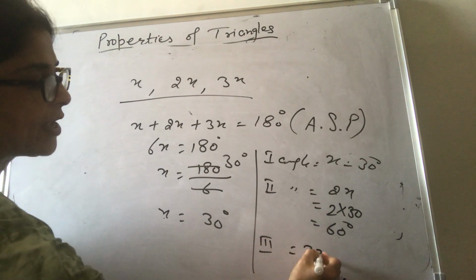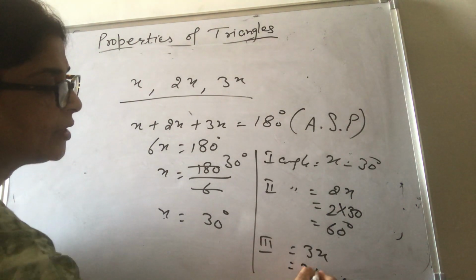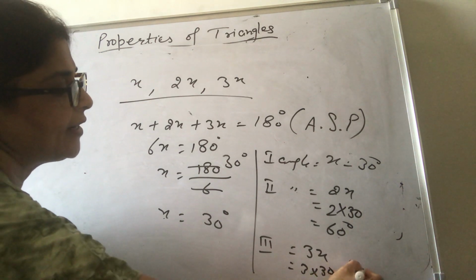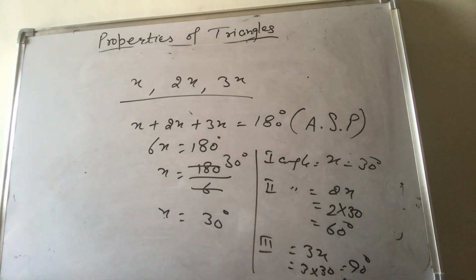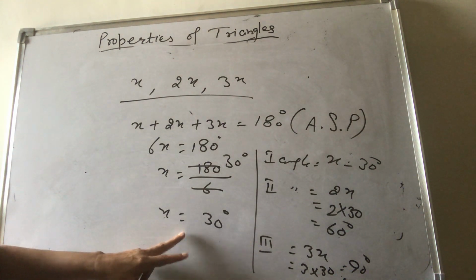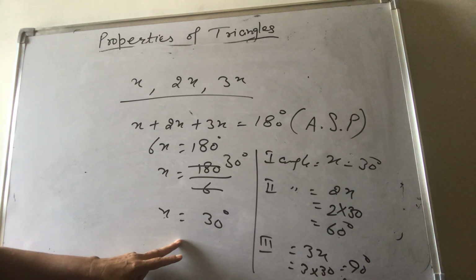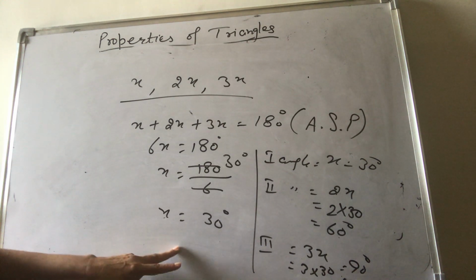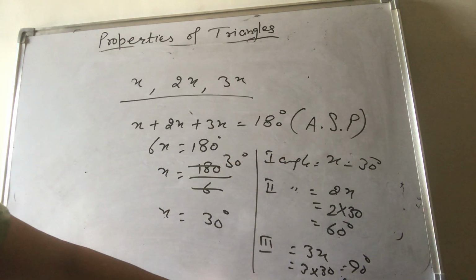And the third angle we are given 3X, that will be 3 into 30, 90 degree. These are the three angles of the triangle. But in the question we are asked only the value of X, so our question ends here. But you have to see the question very carefully. If we are asked to find the value of the angles, then you have to do it till here.